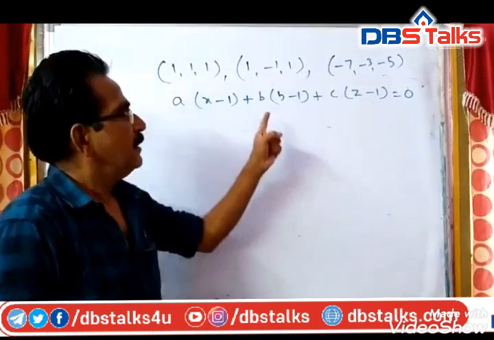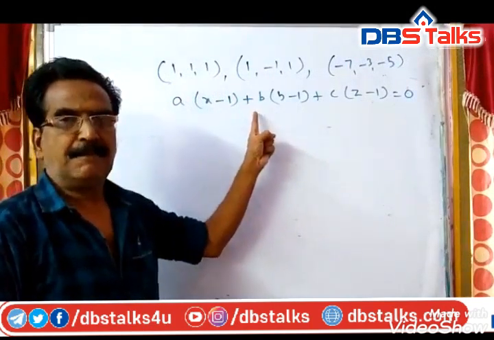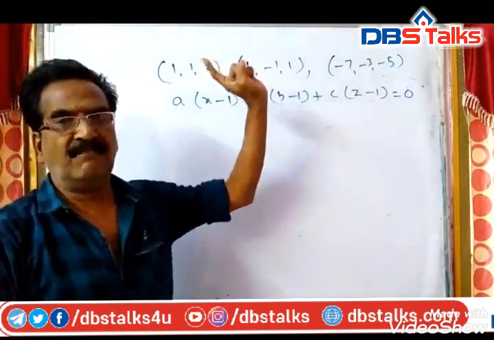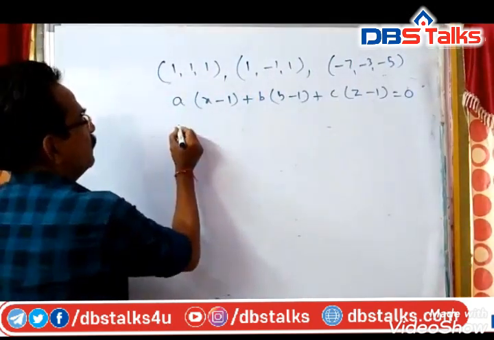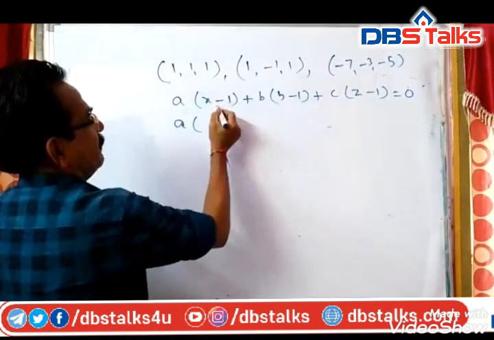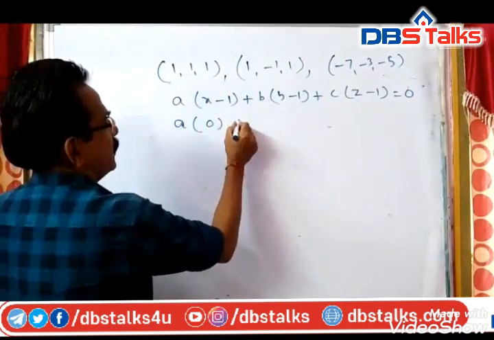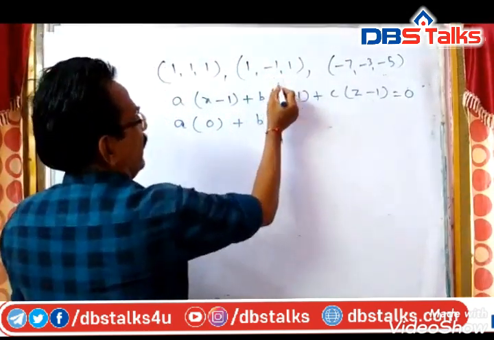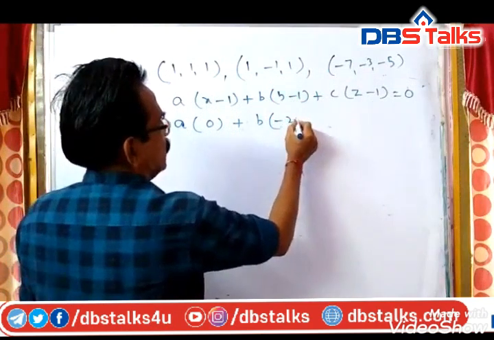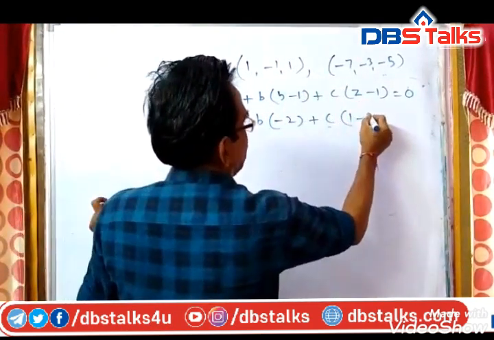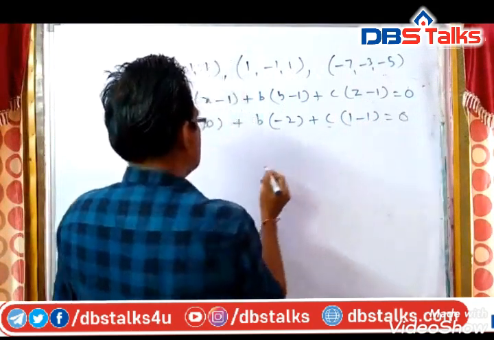Right, friends? This plane is passing through (1, minus 1, 1). So a into (1 minus 1), that is 0, plus b into (minus 1 minus 1), that is minus 2, plus c into (1 minus 1), that is 0.